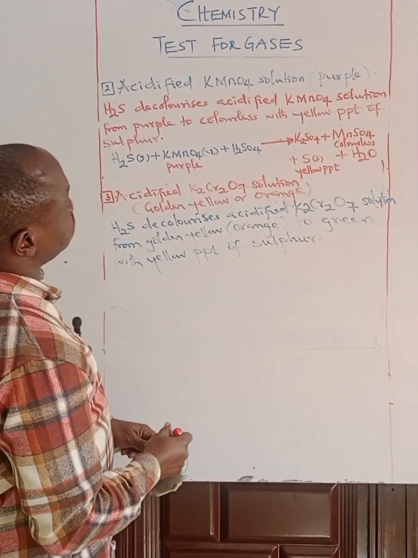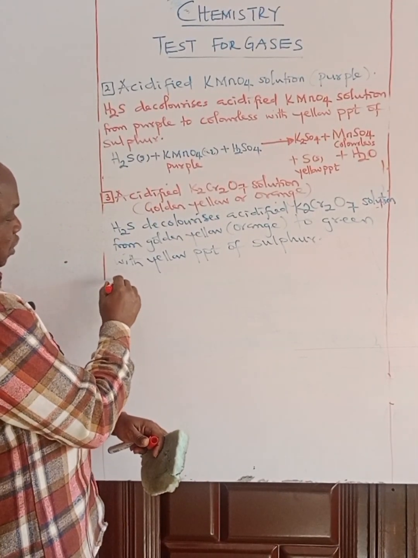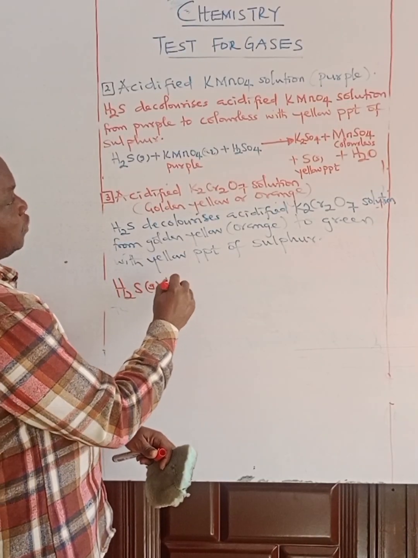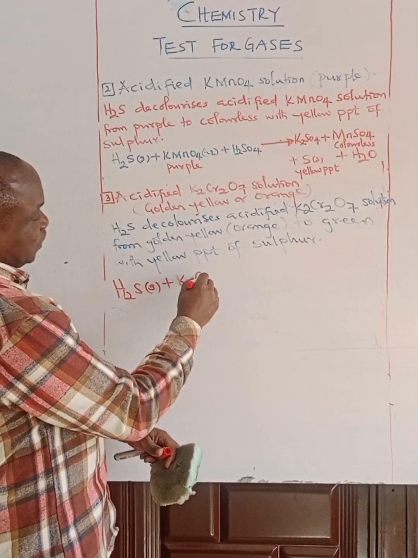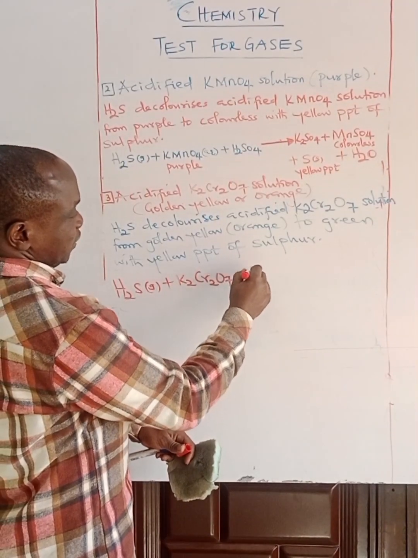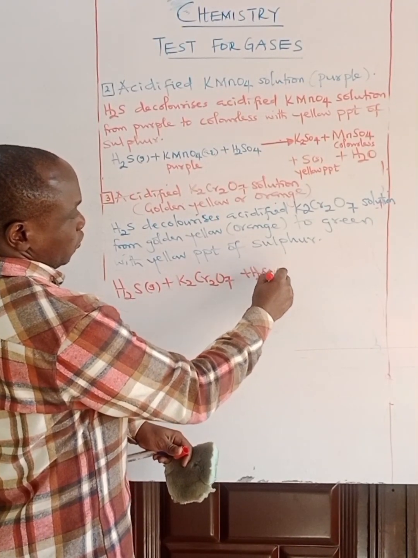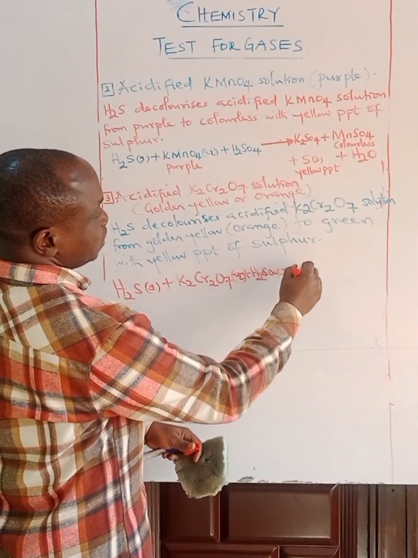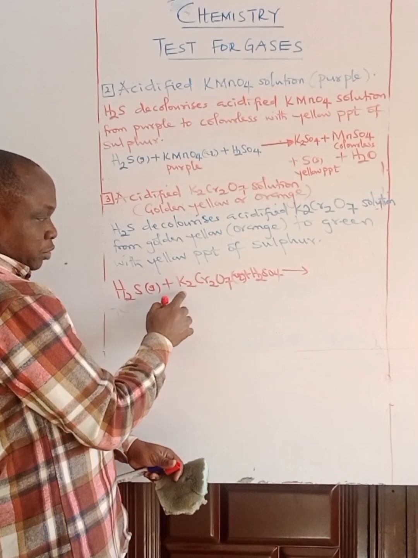If you want to form the equation of reaction here, hydrogen sulfide gas plus K2Cr2O7 solution, then plus H2SO4 aqueous solution to acidify it. This will go through the same thing.